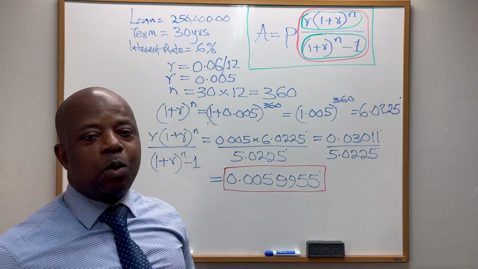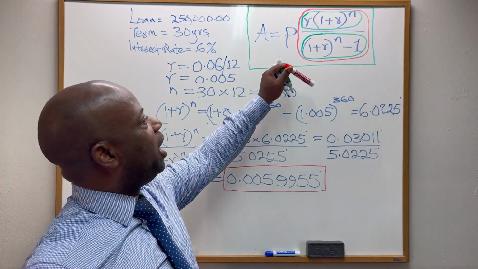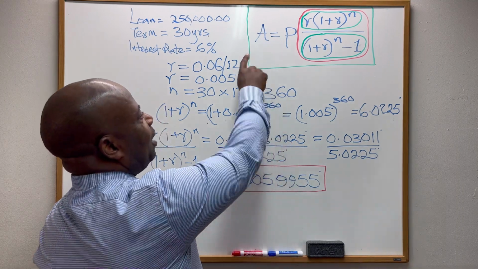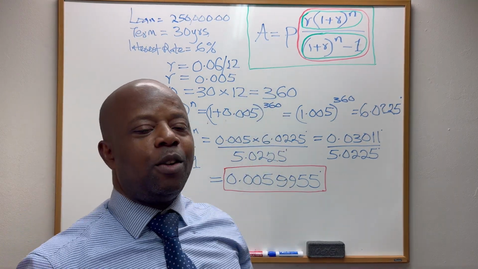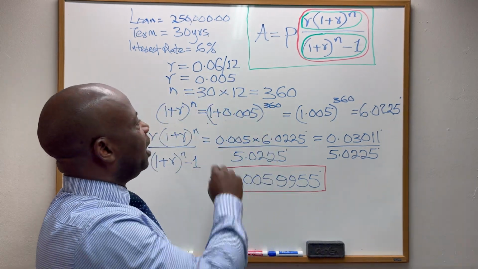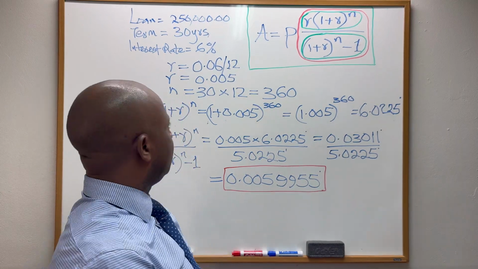And like we said when we started, this number we can multiply with any loan amount to get the monthly payment for that loan value at 30-year term, 6% interest rate.